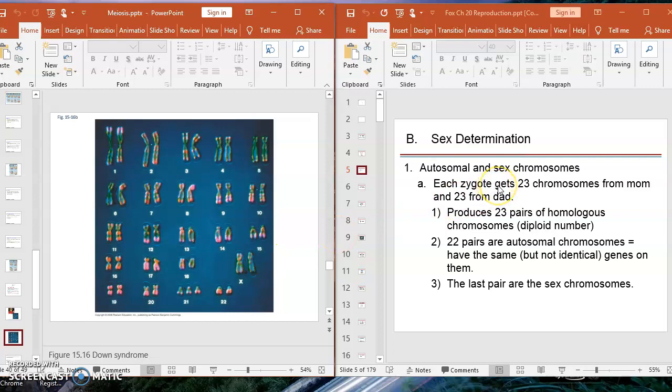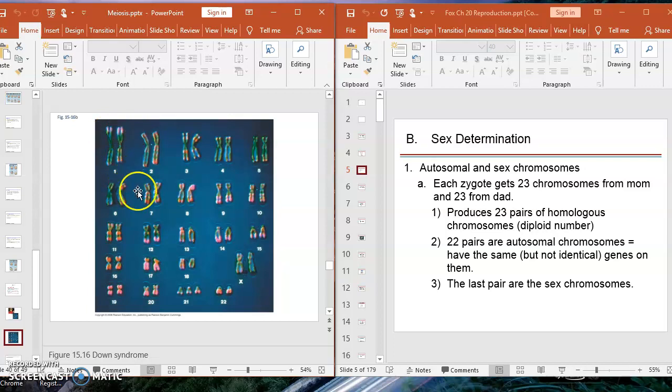So each zygote gets 23 chromosomes from mom and 23 from dad. That produces 23 pairs of homologous chromosomes. Now, what homologous means is the same type. So that means, let's say this one came from dad, this one came from mom, but it's a one. So you have the same genes. Heterologous means opposite.